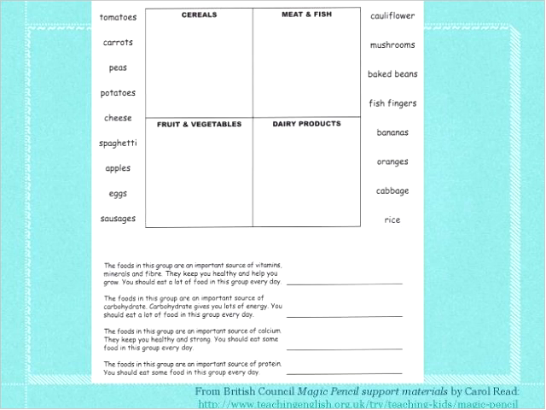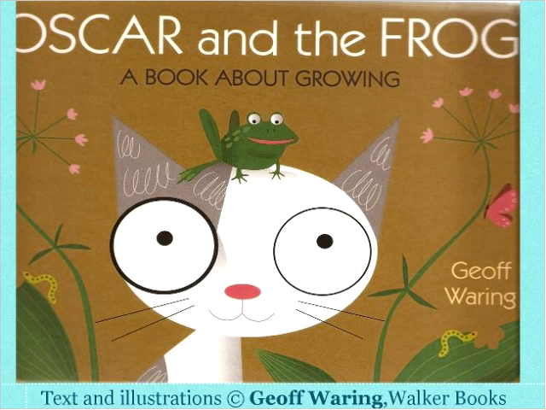What I'd like us to have a look at now is a couple of examples of books which are fictionalized science. Okay, and the first one that I've got to show you here is Oscar and the Frog, a book about growing, and this is actually a book that's been developed in the UK for Key Stage 1 science, because of this importance of children learning science concepts through narrative.